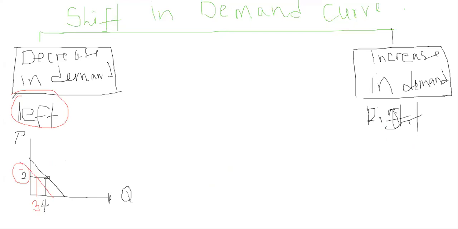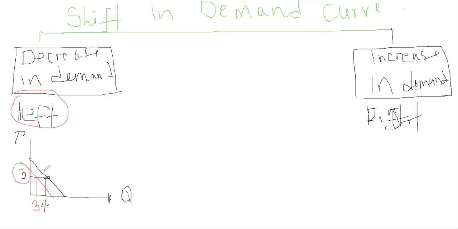Maybe the income. Income, yes, but what happens to income? Is it an income increase or decrease? I think it decreases. It will decrease. So remember, price is responsible for the movement along the demand curve.